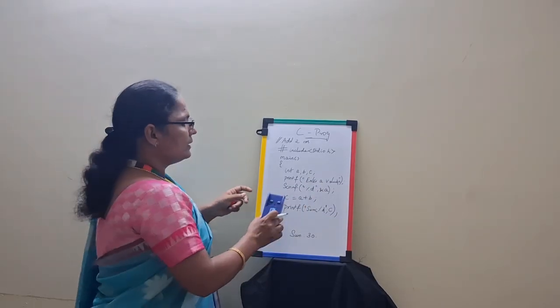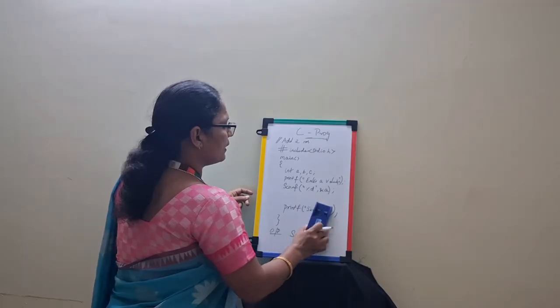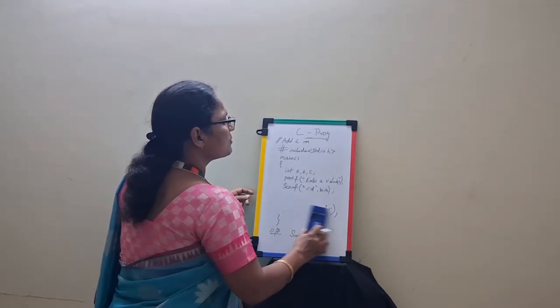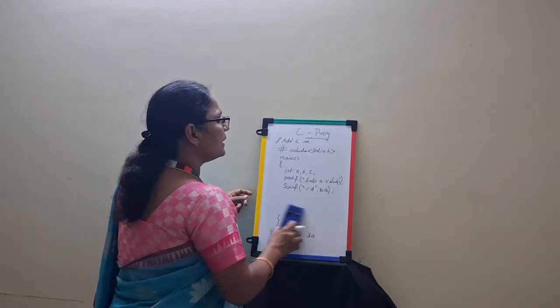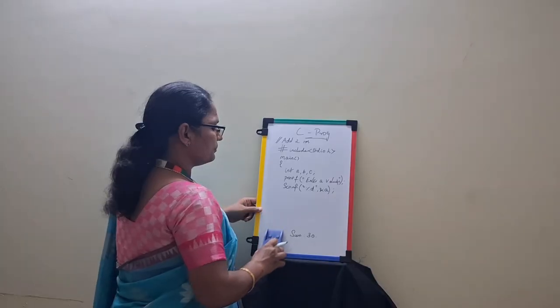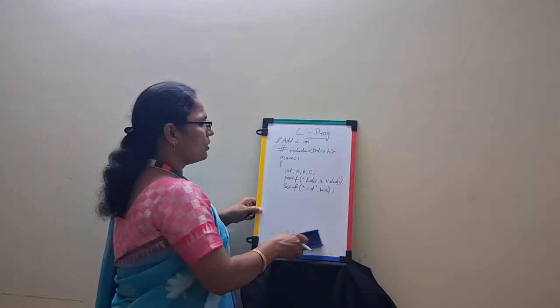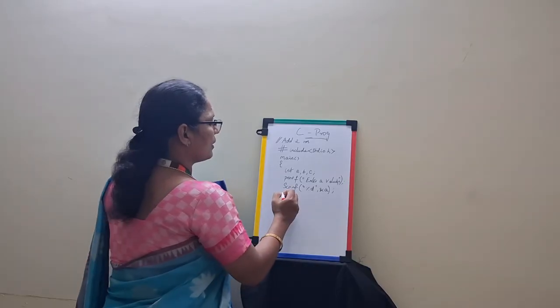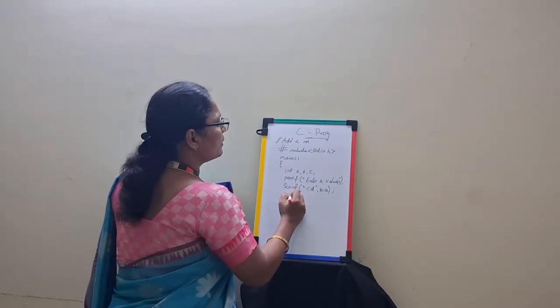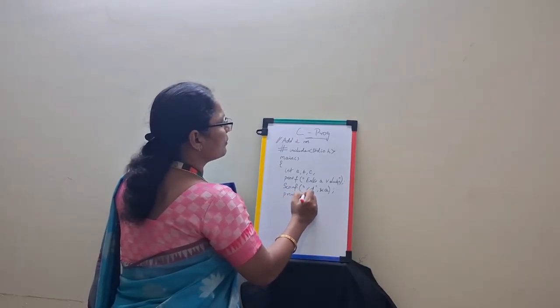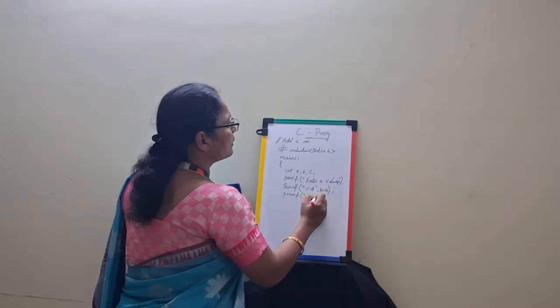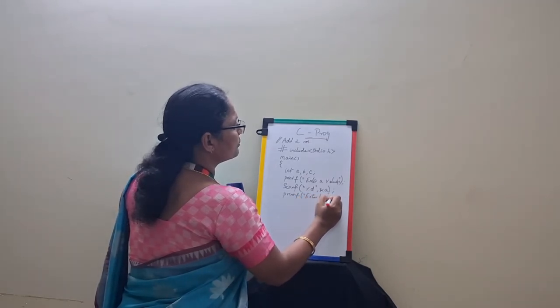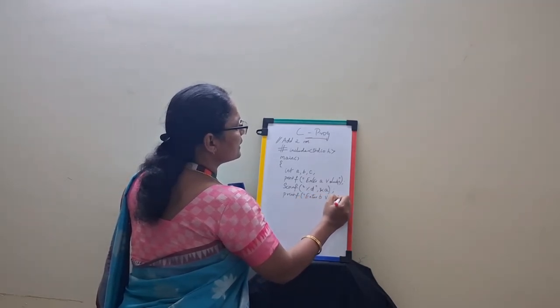Then what we can do here? Again we can do a small change. The b value also we can get from the user. How can I get the b value from the user? Same thing to be repeated. Printf, enter b value, slash n.